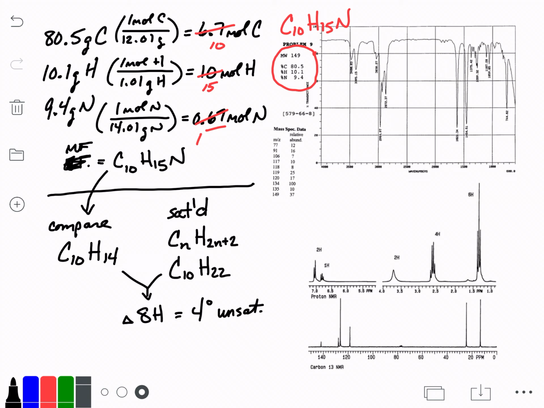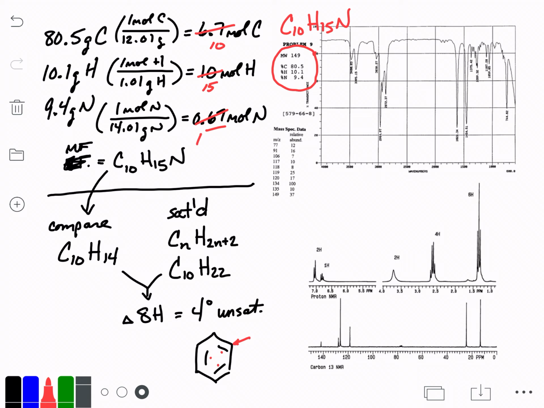Now remember, a degree of unsaturation can be a pi bond, like in a double or triple bond scenario, carbonyl, a ring. In this case, when we have 4 degrees of unsaturation, I like to think about an aromatic ring, because that gives us 1 degree of unsaturation for the ring itself, plus 3 more.